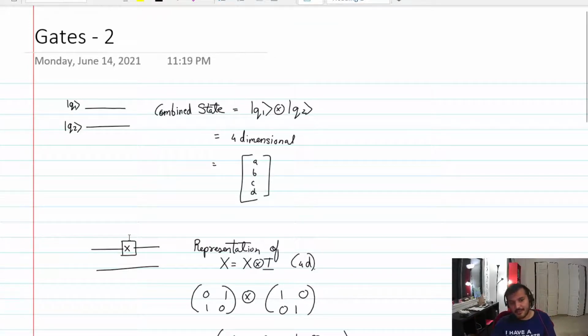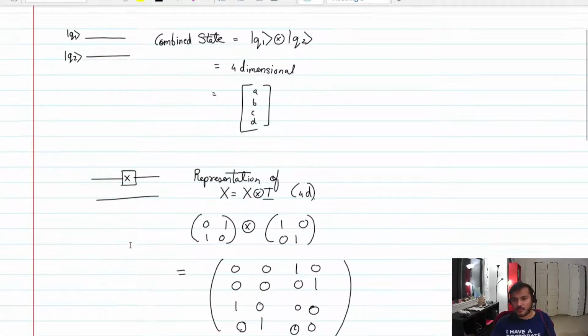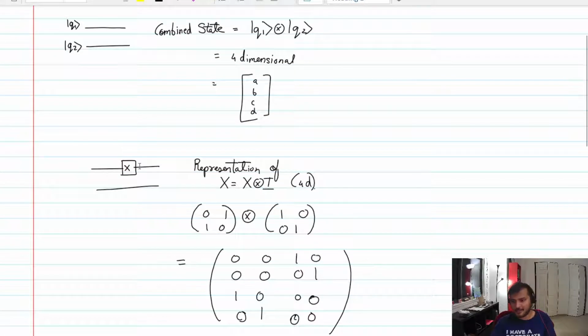Now, in the case of this X gate acting on only the first qubit, we have to think of this X gate acting on this combined state, where it only flips the first bit. Let me restate that again. Since this X gate is on the first qubit, the way you think about it is this X gate acting on this combined state. That's why it has to be four-dimensional again.